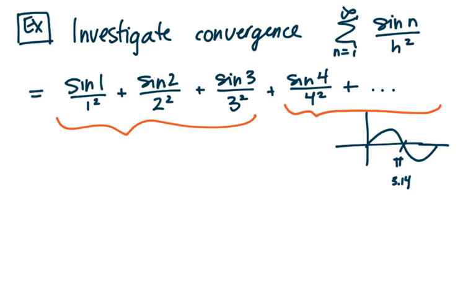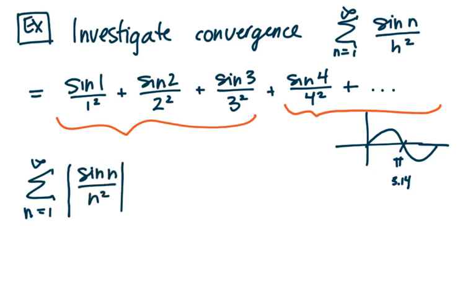So since the series contains both positive and negative terms, let's look at the series if we have the absolute value of that a sub n term. So this would be the sum from n equals 1 to infinity of the absolute value of sine n over n squared. And what does that look like? If I start listing out these terms, I have the absolute value of sine n over, and I don't need to put absolute value around n squared because it's going to be positive.